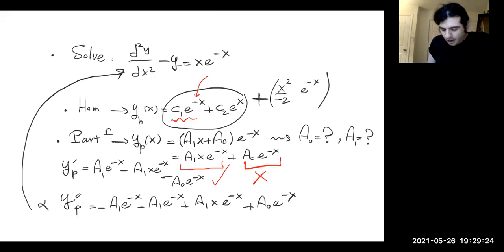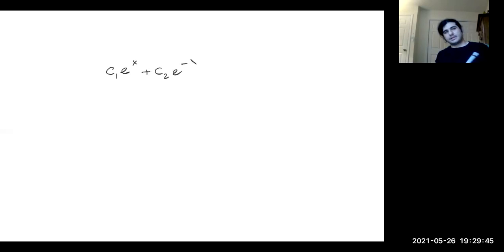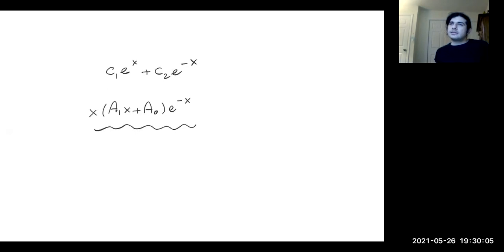Another way which you might see, especially in undergrad books, because they don't want to make things complicated. The idea is that if you solve the homogeneous part, and the solution is something like c1 times e to the x plus c2 times e to the minus x, and you look at the particular solution, and it is something like this, what they say is that you should just multiply everything by x.